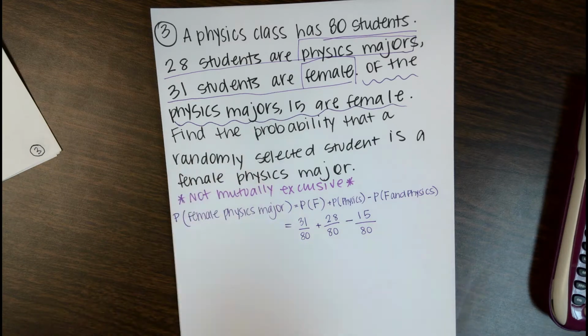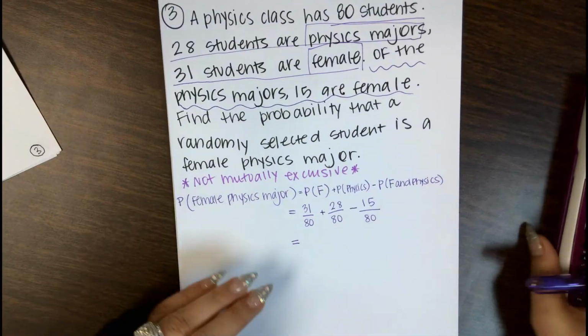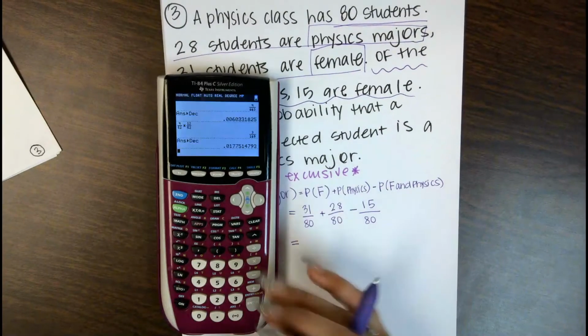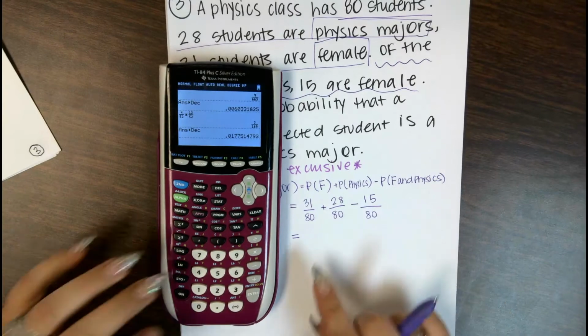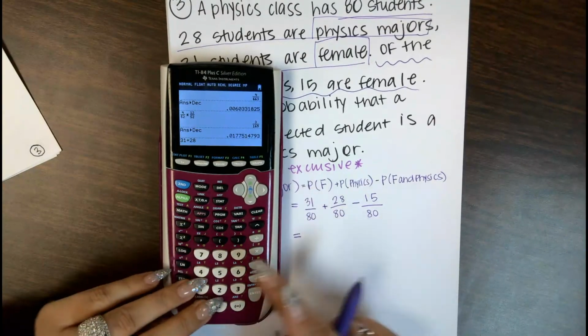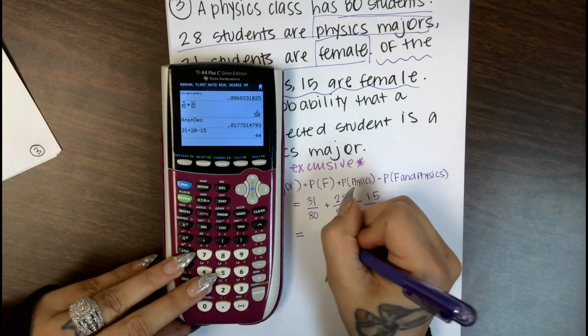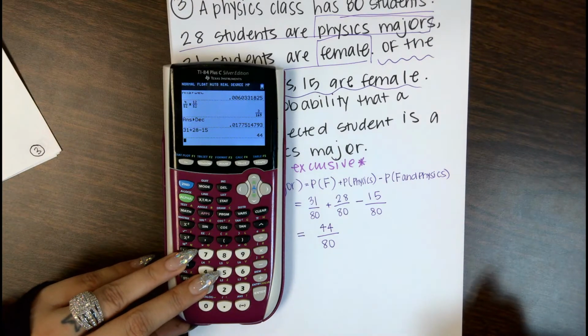When we enter this into our calculator, you could just do this. Do you see how the denominator is the same, right? And so you could do 31 plus 28 minus 15, and I get 44 over, keep your denominator. I've got 44 here.